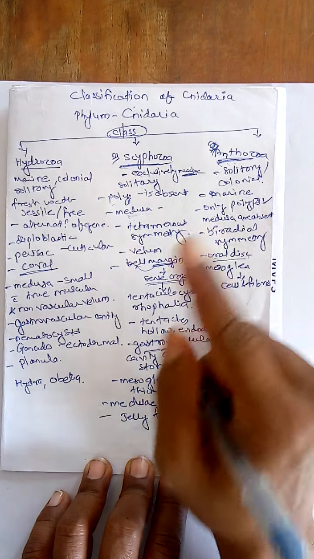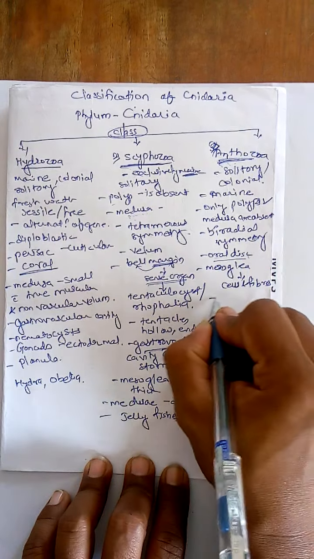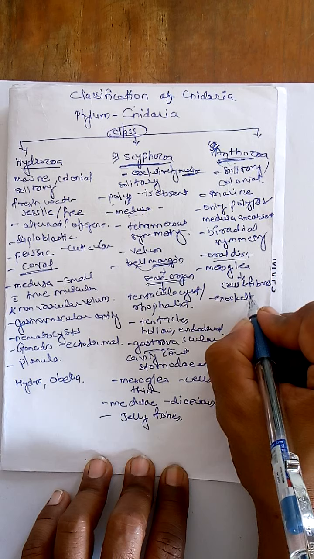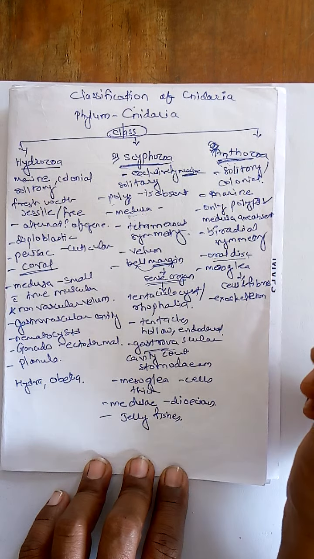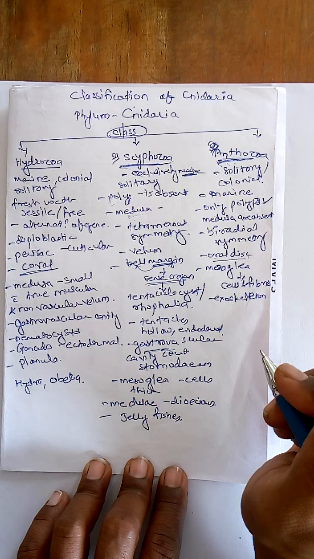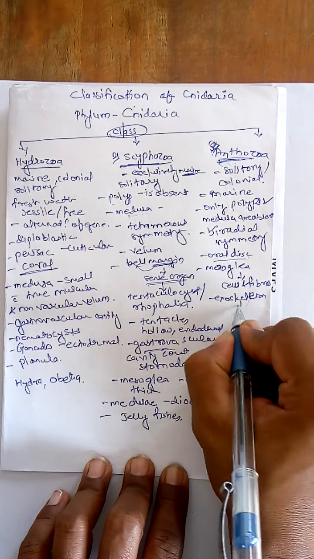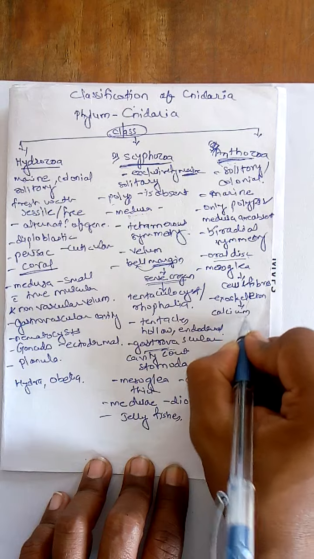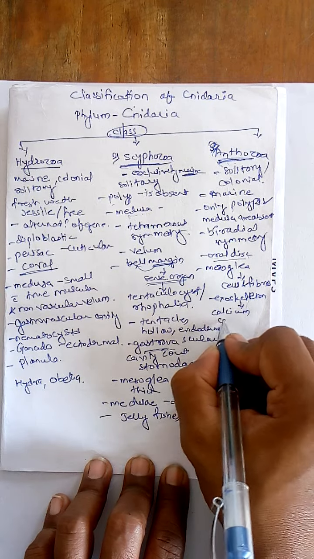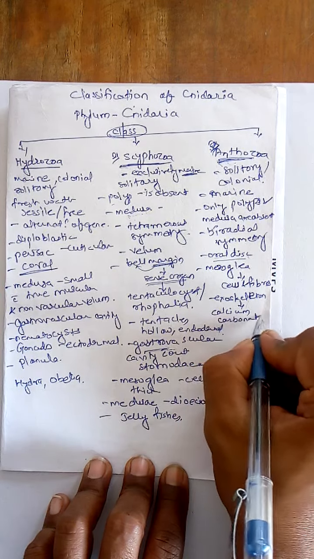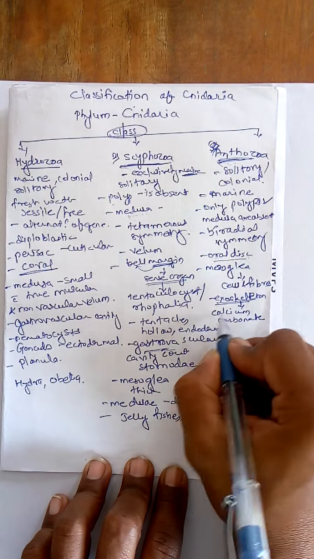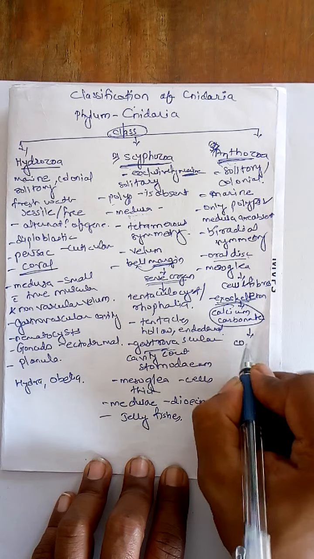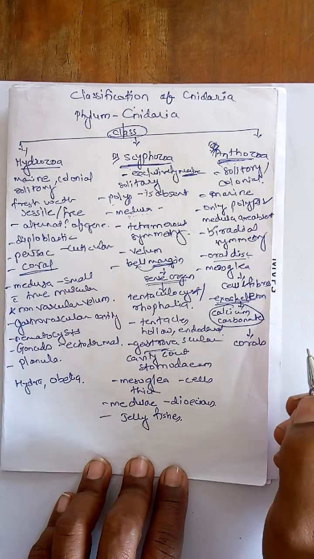The exoskeleton is present, and that exoskeleton is secreted by the ectoderm. Chemically, the exoskeleton is made up of calcium carbonate, which means they are responsible for the formation of massive corals.